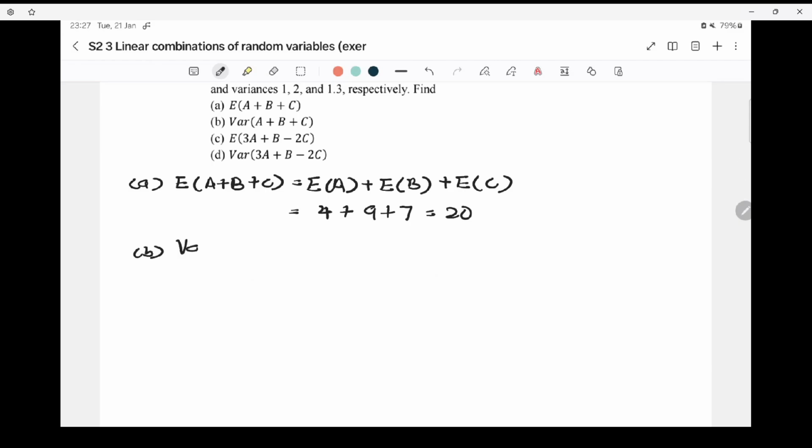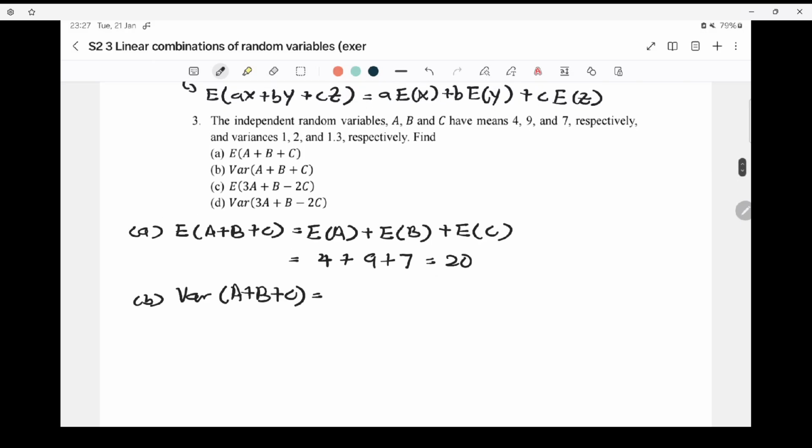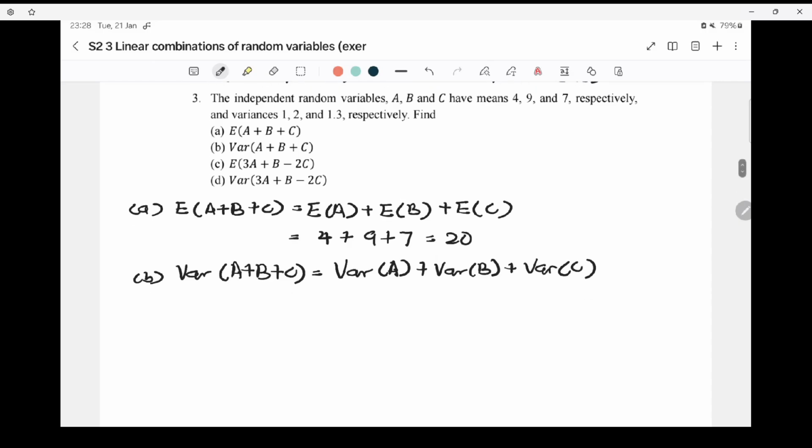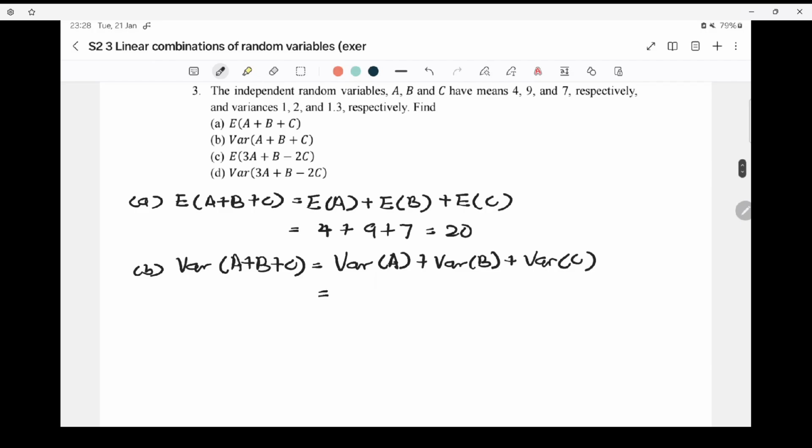If you were to find the variance of A plus B plus C, this would be variance of A plus variance of B plus variance of C. So that would be 1 plus 2 plus 1.3, and it gives you 4.3.